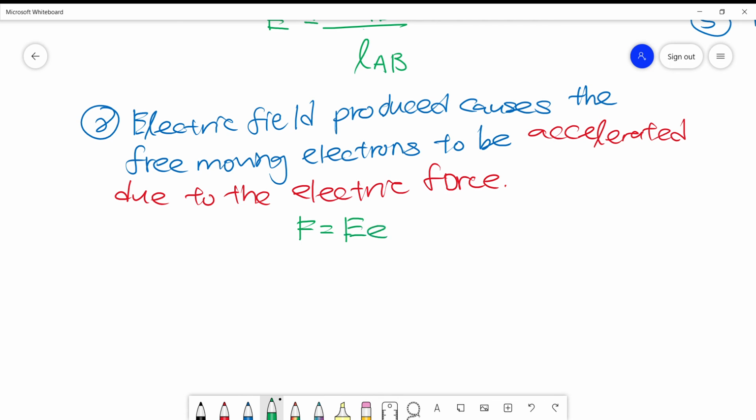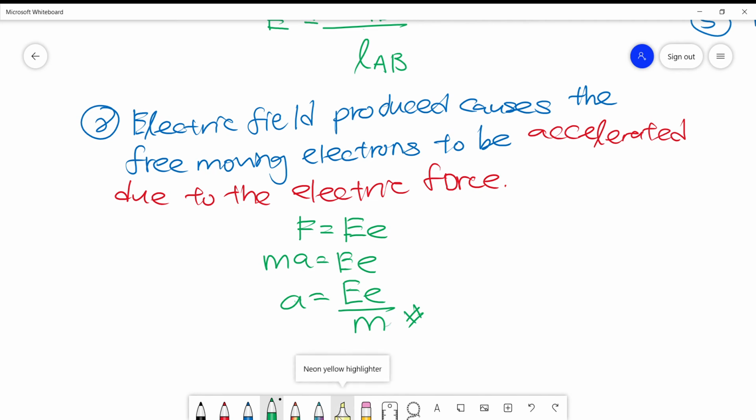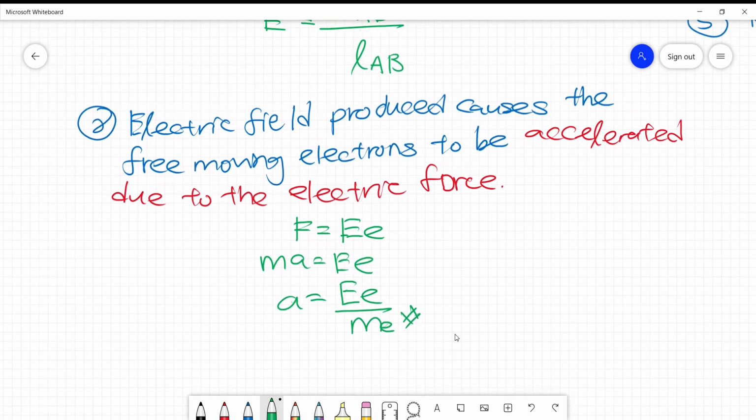The most basic fundamental formula for force is F equals ma, so from here I can derive the formula for acceleration. The acceleration equals the electric field times the electron charge divided by the mass, where the mass is the mass of the electron. Alright, so this is the second statement.